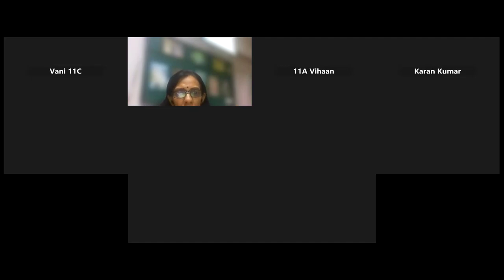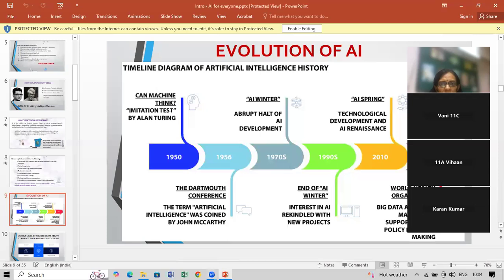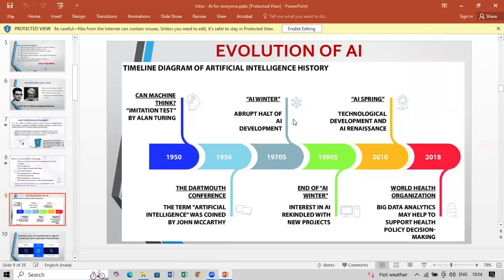Right, so we were talking about the evolution, and there we see that with all the other things, this is how it looks. This is a person called Alan Turing who gave a test. It's called the imitation test, very popular. This was even before John McCarthy had given the term AI.